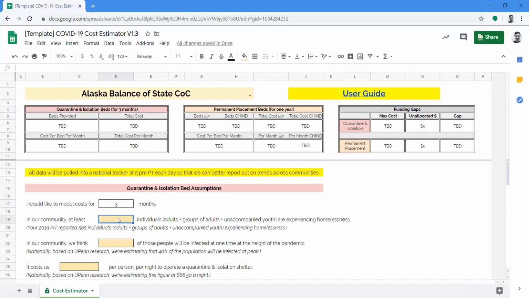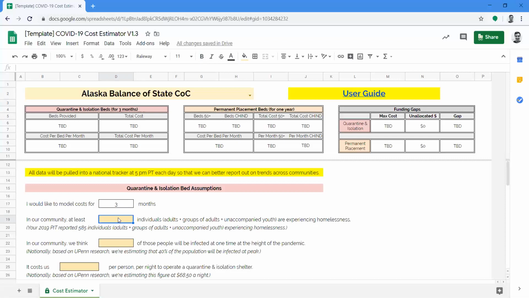The next thing you need to do is establish the universe over which you're going to model costs. This is the total number of individuals who are experiencing homelessness in your community. We recognize that individuals only make up one portion of the number of people experiencing homelessness in the community. There are, of course, people in families as well.